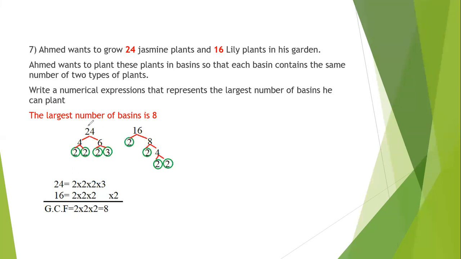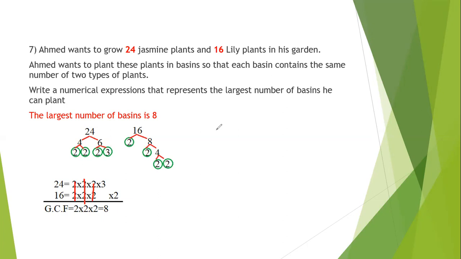How can I factorize 24? 4 times 6. Prime factors are 2 times 2 times 2 times 3. The prime factors of 16: 2 times 8, 8 is 2 times 4, 4 is 2 times 2. So the prime factors of 24 are 2 times 2 times 2 times 3, and 16 is 2 times 2 times 2 times 2. The GCF is 2 times 2 times 2 equals 8.